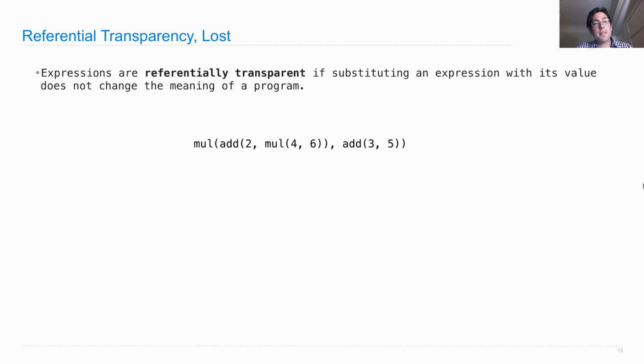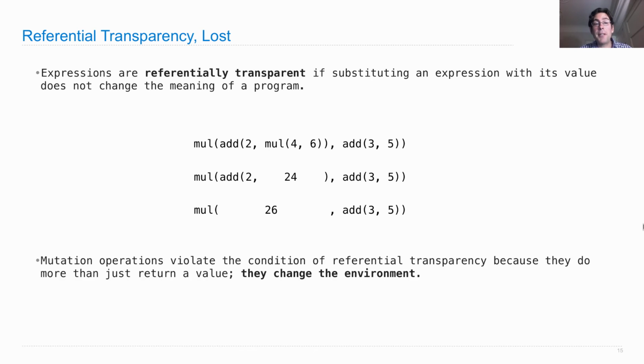So if I multiply the result of adding 2 and multiplying 4 and 6, then we're multiplying that with 3 plus 5, that's the same thing as if I evaluate this, but I replace mul 4 6 with its value 24. That's referential transparency. And likewise, I could replace add 2 24 with its value 26. Again, referential transparency. And so we can think about this complex thing as just being another way of writing this simpler thing, and we could evaluate it in pieces like that.